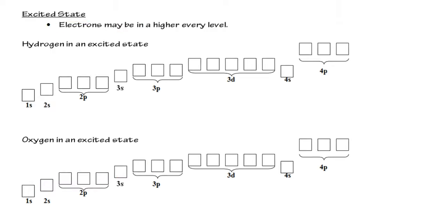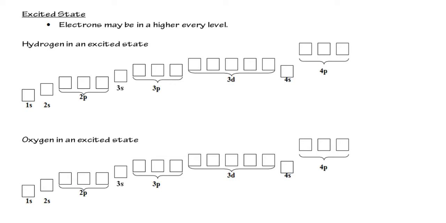Now here's one thing that we should mention. This is a little more AP. We could have atoms with electrons that are excited. And we mentioned this term excited state earlier, that it just means that an electron has gained some energy and is temporarily in a higher energy level or a higher energy orbital.